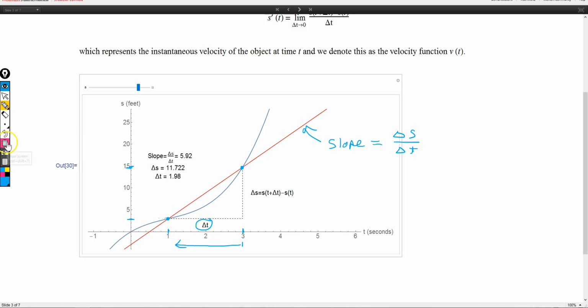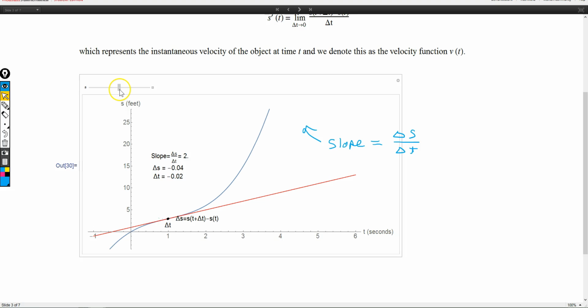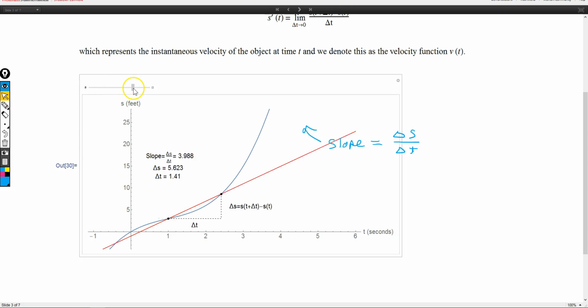So let's see what happens there. And of course we've seen this before. Notice that as we let delta t go to 0, that line is becoming the true tangent line.